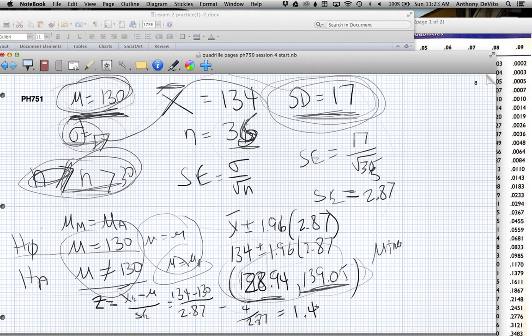So is a z-score of 1.4 far enough apart in standard deviations for you to reject the null hypothesis with 95% confidence, or in other words, less than 5% chance of being wrong? No, you can't reject the null hypothesis. What's the probability that you would be wrong if you rejected the null hypothesis? Well, you can go to the z-table and figure that out.